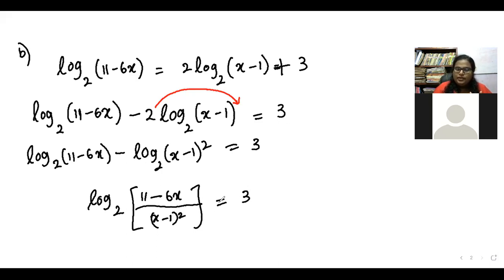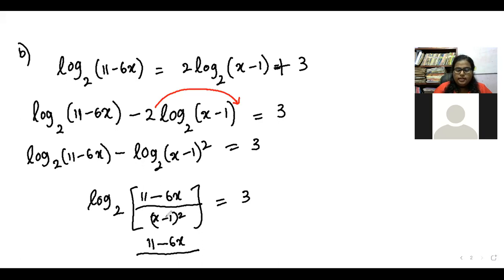So we collected all x terms together inside this log term, right? So we can write this log expression in exponential form.